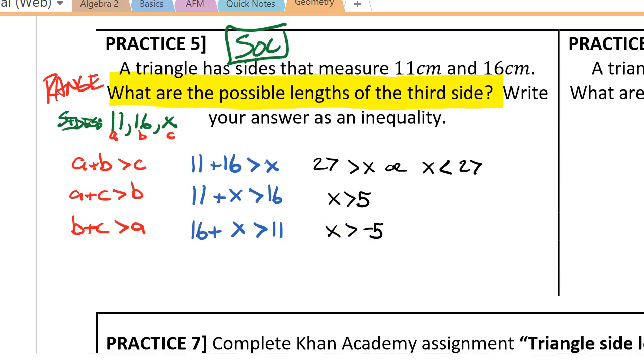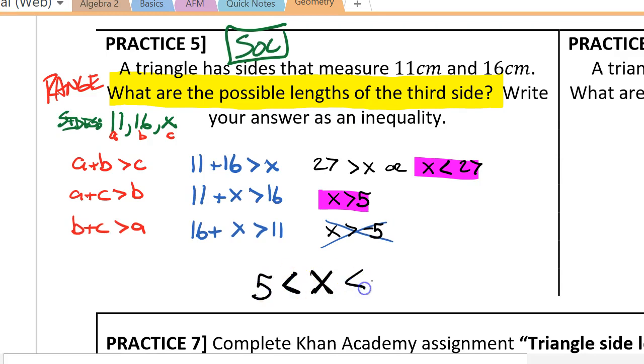Now, looking at these answers, x is greater than negative 5, that obviously has to happen as x needs to be a side length. So I can really throw this result out, leaving me with two inequalities, x is greater than 5 and x is less than 27. I'm going to write this as a combined compound inequality. So x must be greater than 5, but it also must be less than 27 for my range of values.